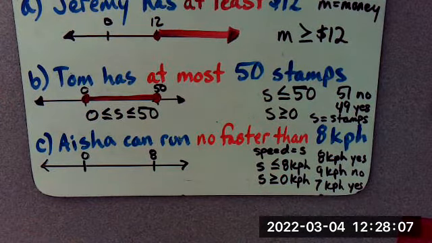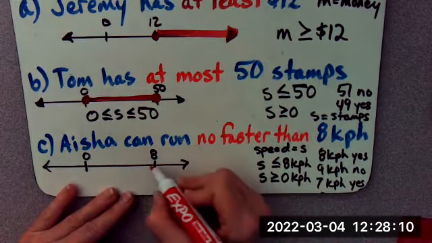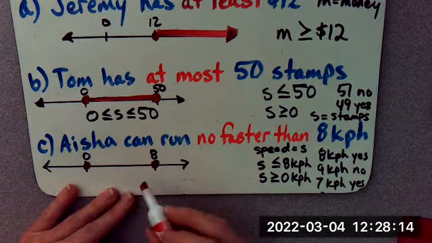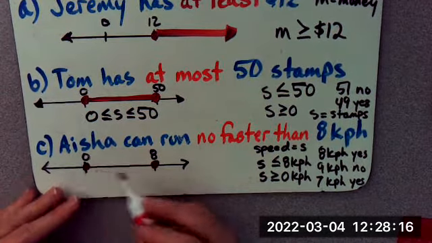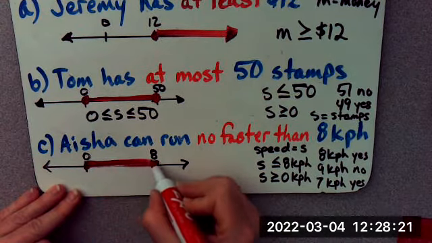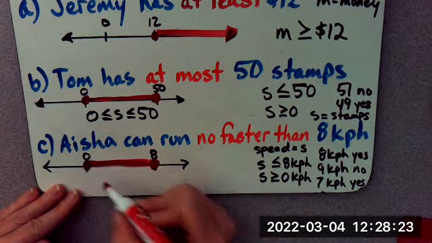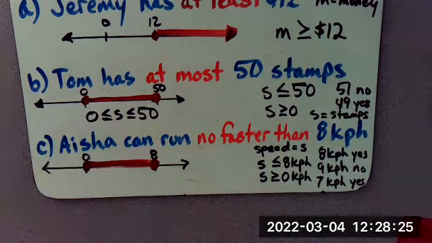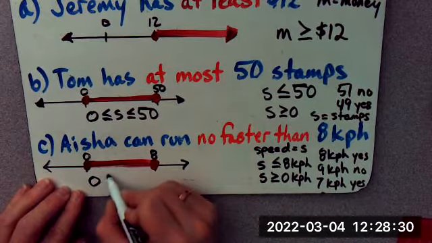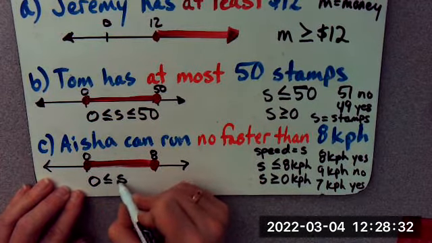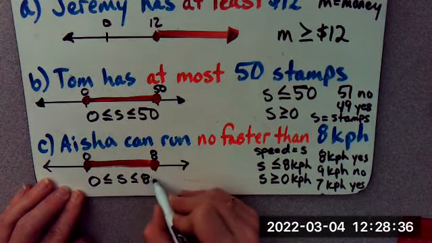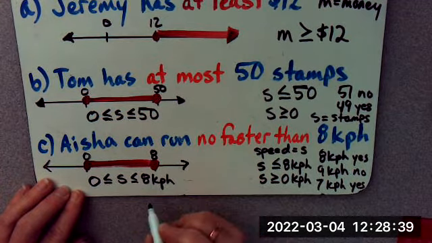She can run 8 kilometers per hour, but no slower than 0 kilometers per hour, which is not moving. So we shade this region right here. The fancy way to write this would be 0 is less than or equal to S is less than or equal to 8 kilometers per hour.